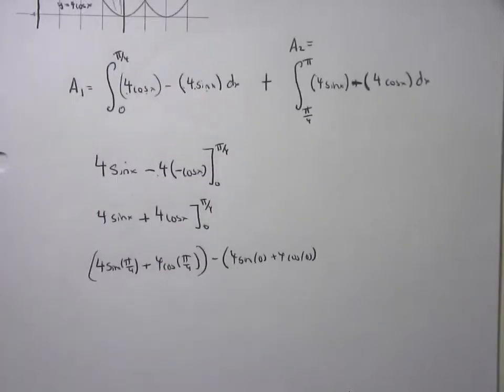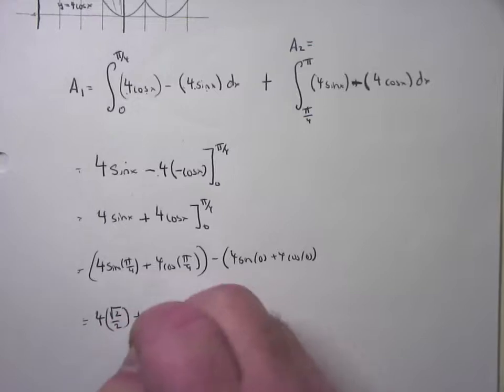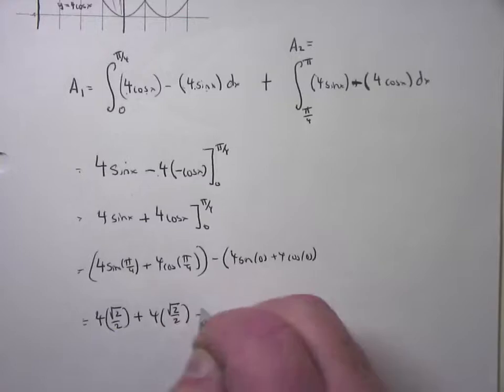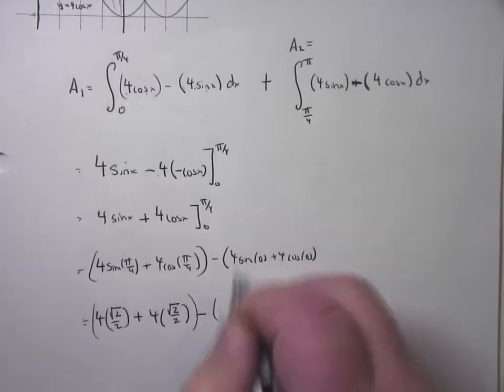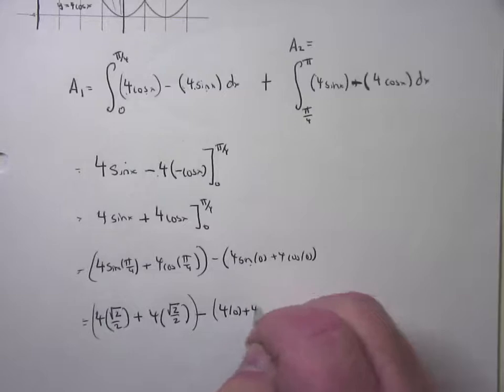And so on this particular part, what do we end up getting? Well, 4 times, what is the sine of pi/4? Things you're supposed to know from high school. What's the sine of pi/4? Square root of 2 over 2. Very good. Plus 4 cosine of pi/4 is square root of 2 over 2. Minus 4 times the sine of 0, which is 0, plus 4 times the cosine of 0, which is 1.